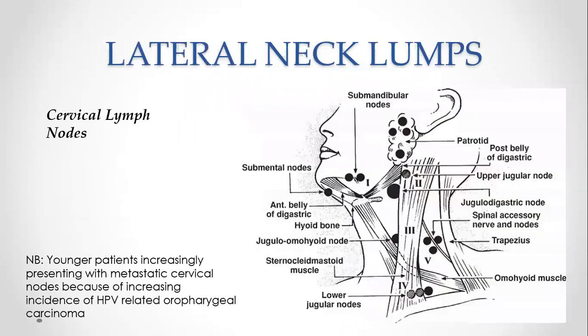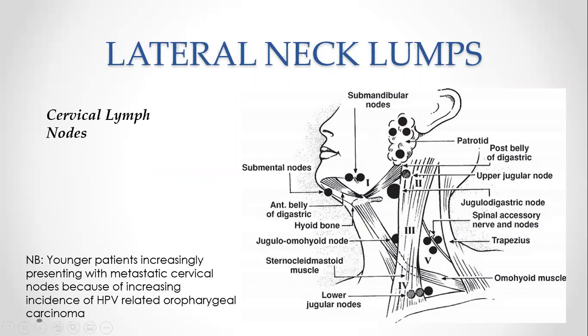Okay, so we continue with lateral neck swellings. In the lateral neck swelling, the commonest feature is the lymph nodes. So these are the groups of lymph nodes. We call them preauricular or parotid lymph nodes, submental, submandibular, jugulodigastric group, and jugulo-omohyoid.